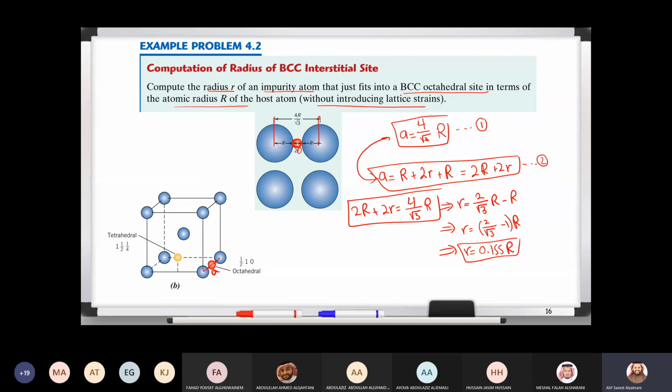You see, it's only 15% of the size of the host atom. Any question, Shahab?